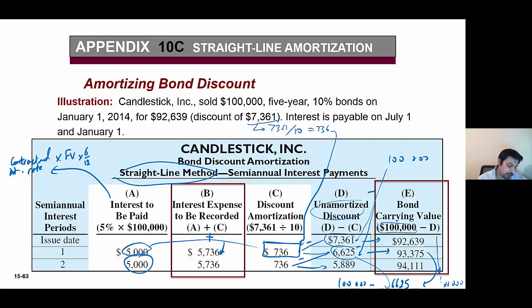On the other hand, the unamortized discount will be going down until it gets to 0. Once it gets to 0, we would have amortized all the discount and would have recognized all of it and included it in the interest expenses.